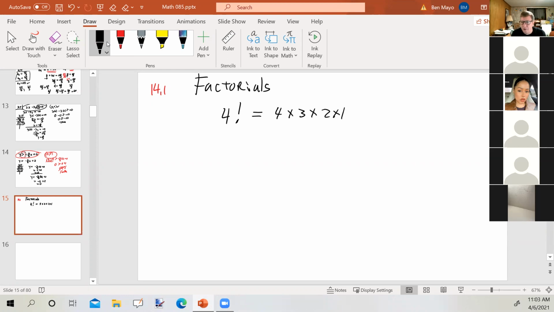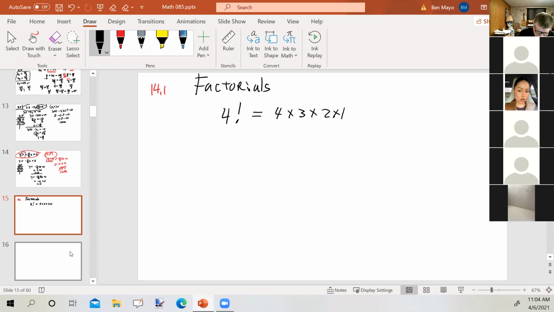Is there anything in particular you'd like me to go through here? Do you want me to do any examples? Nothing in particular. Okay. I have one. Can you do an example of one of the ones with a fraction?